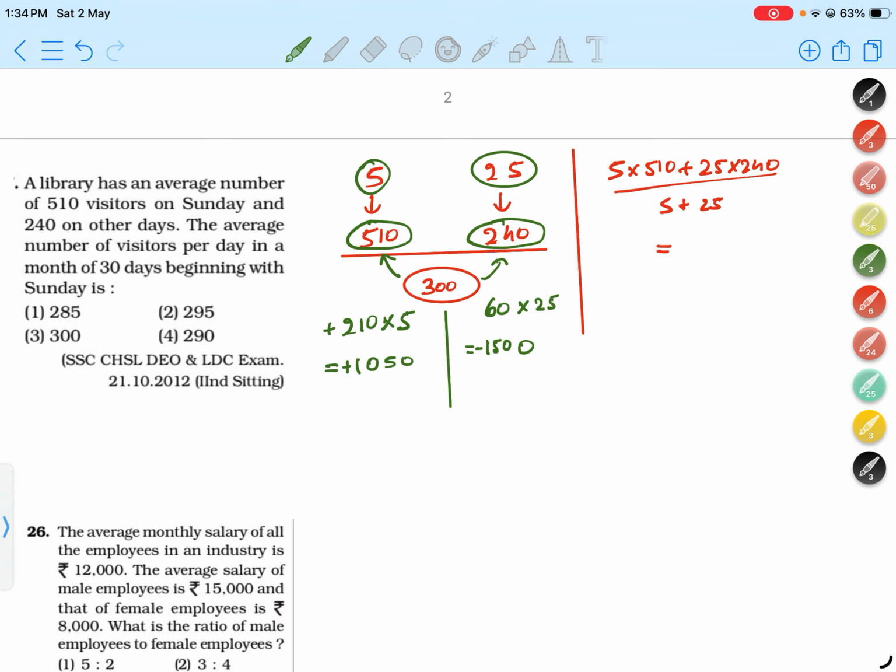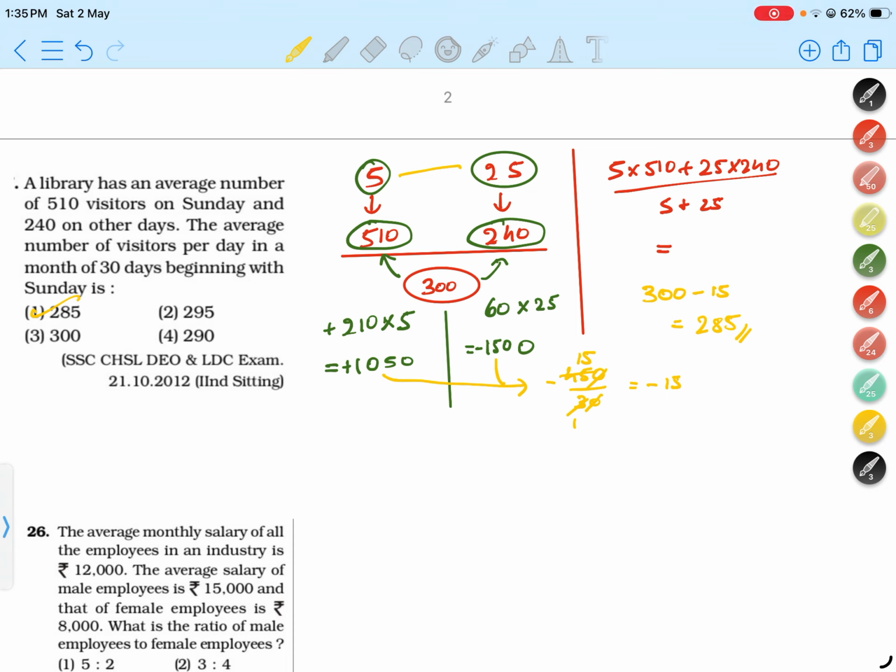So the difference in deviation is 1500 minus 1050, which is minus 450, and this minus 450 is on a total of 30 units. Dividing it, we get minus 15 as our deviation. So the required average will be 300 minus 15, which equals 285. Option number 1 is the correct answer.